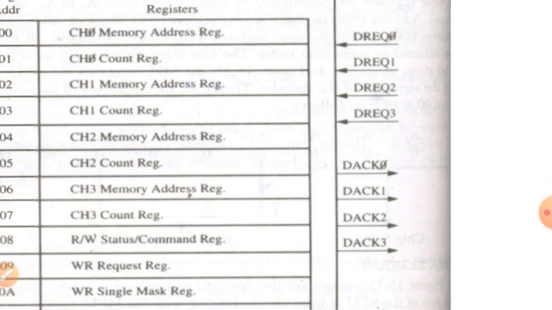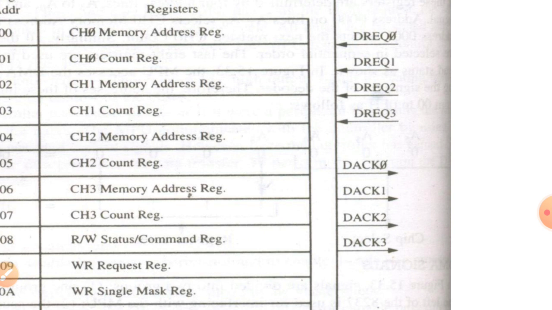We see on the right side we have 8 signals: DREQ0, DREQ1, DREQ2, DREQ3 and similarly DAC0 to DAC3. DREQ stands for request and DAC is the acknowledgement signal. Since we are using 4 channels, for each of the 4 channels there is a request signal, and for acknowledgement, the channel will acknowledge by giving the DAC signal.